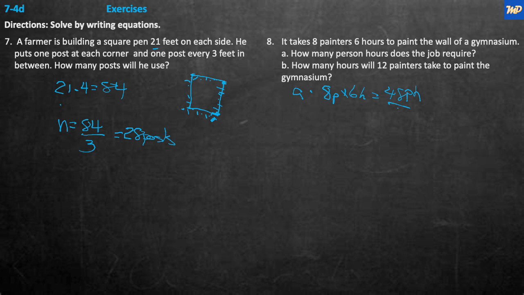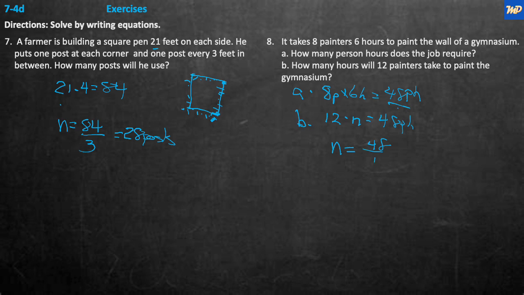So for B, we're going to say 12 painters times n hours is equal to 48 person hours. To solve this, n is equal to 48 divided by 12.